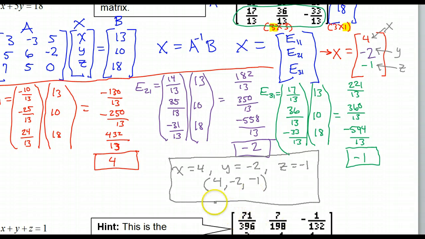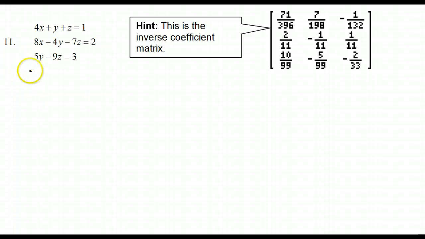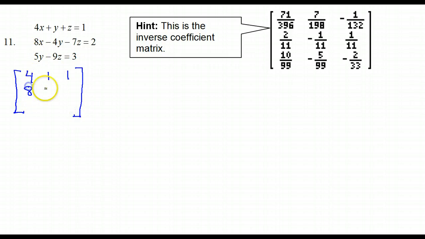Alright, there you go. And this is the last one. So here we go, one more time. Set up our system. So this is going to be 4, 1, 1. And this will be 8, negative 4, and negative 7. Now, this time I'm missing the X term.